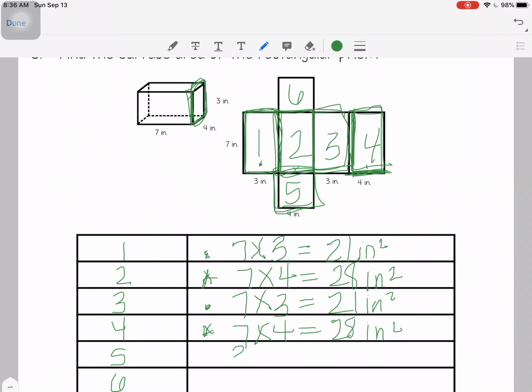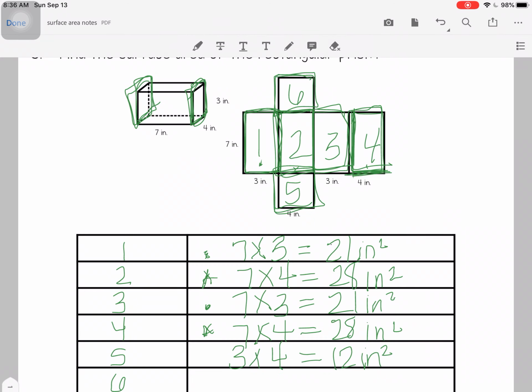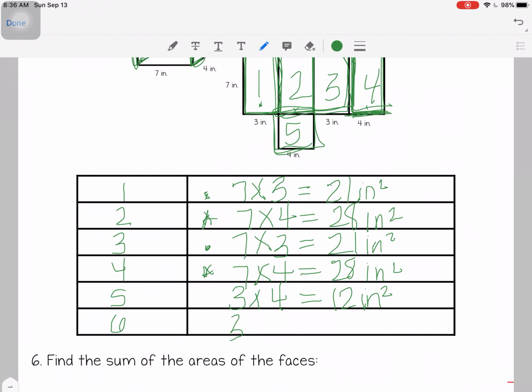It measures 3 by 4, which is 12 square inches. Our last face is number 6 here, which is opposite number 5. Opposite sides are equal, so number 6 is also a 3 by 4 rectangle.